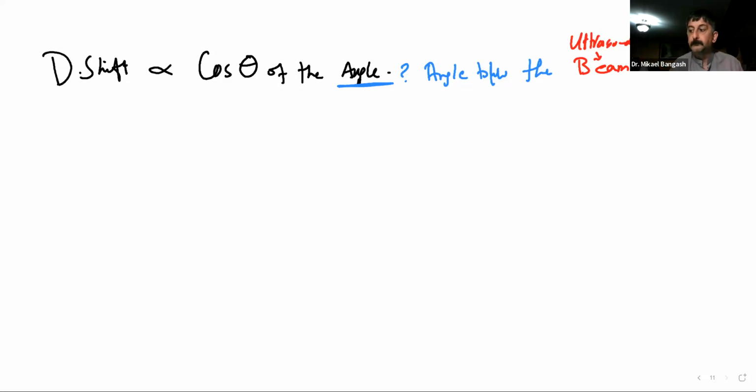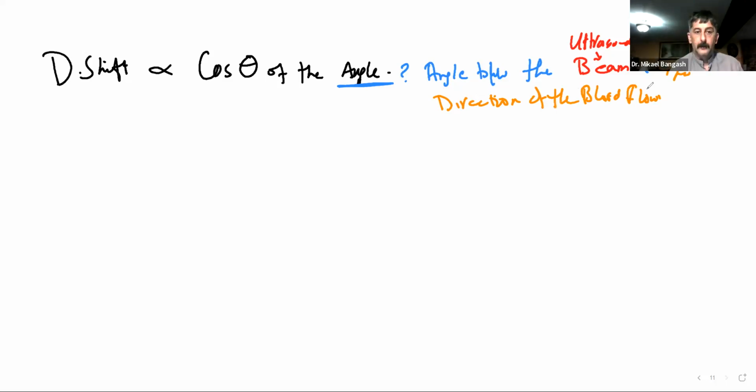Ultrasound beam, right? And you can say the direction of the blood flow. Did you girls get that?